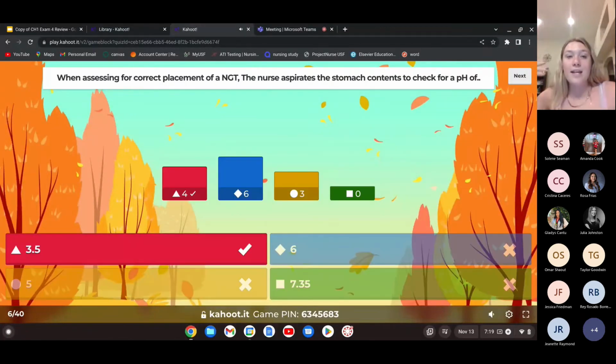So ideally, the stomach contents are going to be below 4, 0 to 4. The only time in which the patient might have a stomach pH of 6 is if they're on an antacid, proton pump inhibitor, or H2 receptor blocker to neutralize the stomach acid. So I think that's why a couple of you guys picked 6. But in the normal patient, like for me, I'm not on any of those medications. My pH is going to be around 3.5.